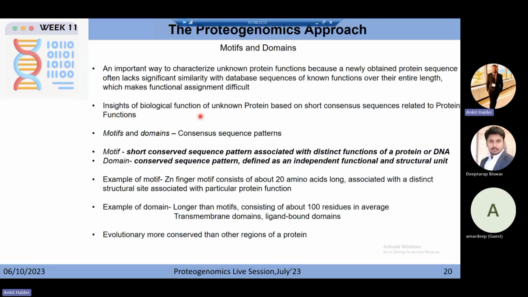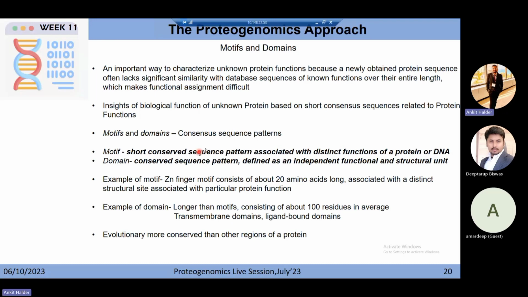Let us see what a motif actually is and its definition. To characterize unknown protein functions, a newly obtained protein sequence often lacks significant similarity with database sequences of known functions over its entire length, which makes functional assignment difficult.